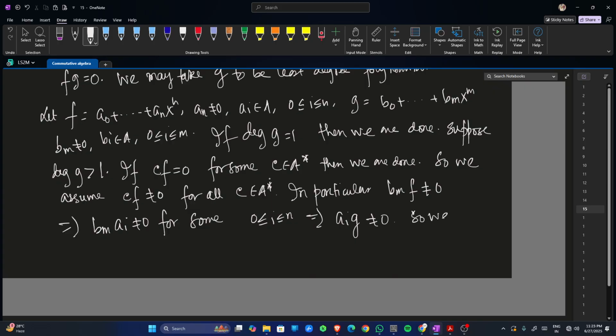So we choose j belonging to 1 to n, maximal, such that a_j g is not equal to 0.